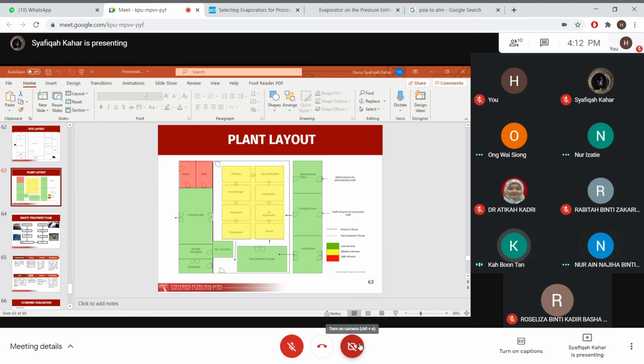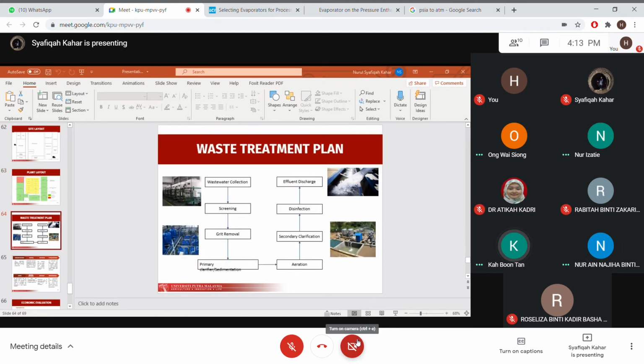All right. Another rating that I notice for the group rating is the waste treatment and utilization. So when I look at your report, it was stated that the waste is water. Yes, water only. But that water contains organic materials such as carbohydrate, for example starch.